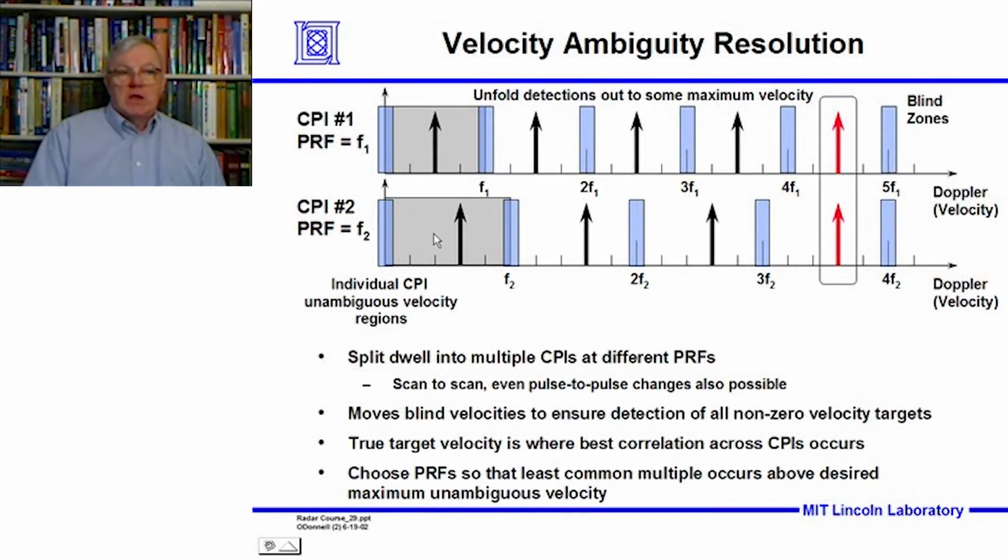And for the second PRF, what we're doing is we're sending that out with a different pulse spacing. In this case, we'll send out, say, 10 pulses or 16 pulses at this PRF, and then 16 pulses at this PRF.